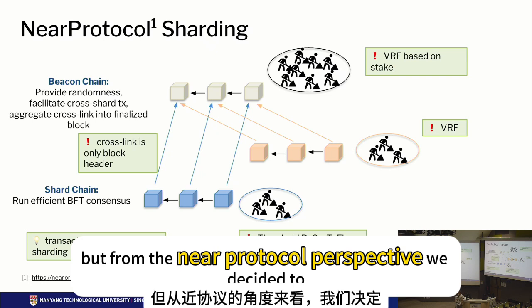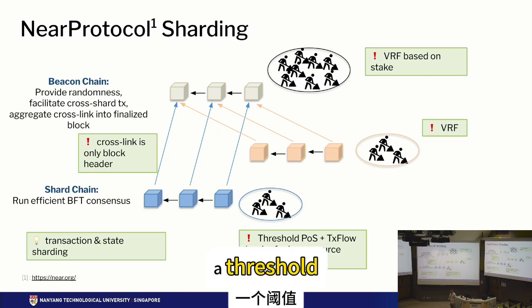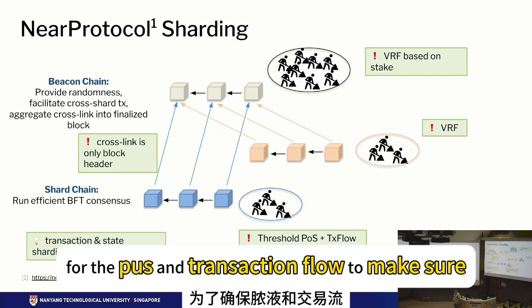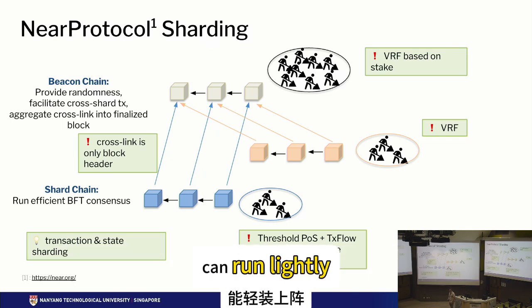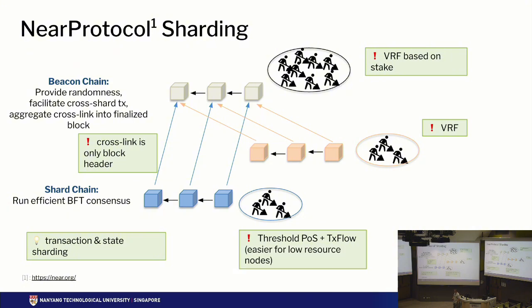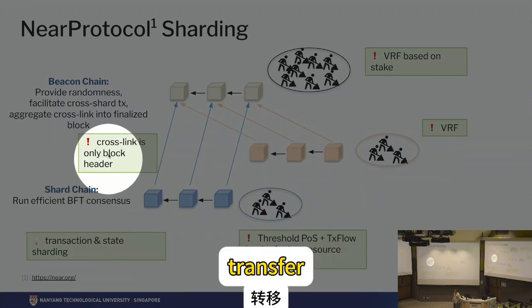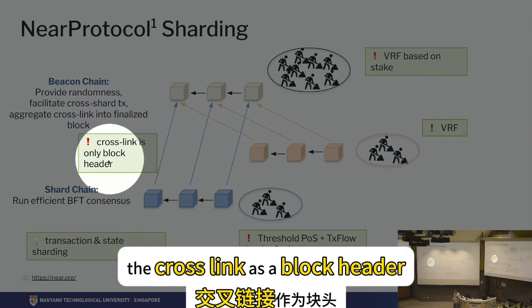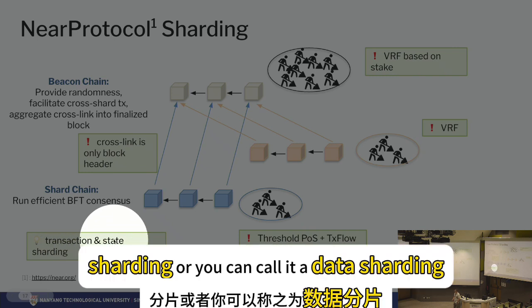But from the Near Protocol perspective, they decided to use VRF and a threshold for the POS and transaction flow to make sure the validator node can run lightly. That's their decision on the validator. And again, because they only transfer the crosslink as a block header, we call this transaction and state sharding, or you can call it data sharding.